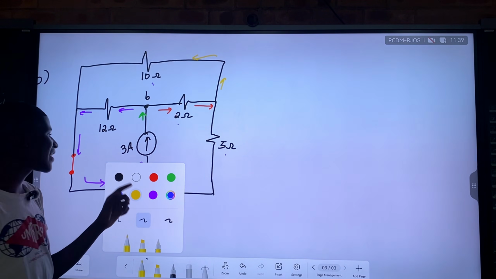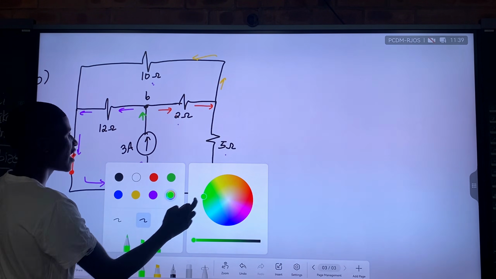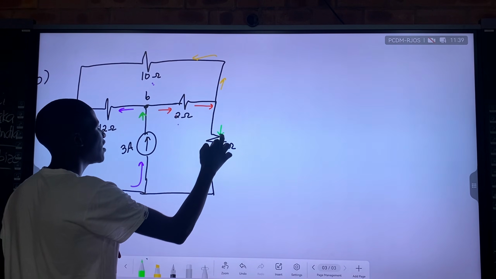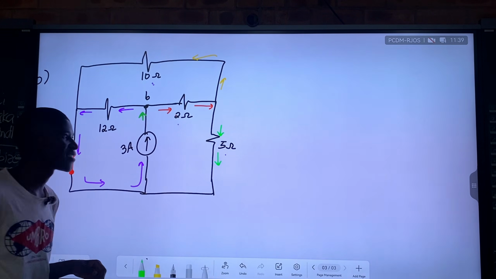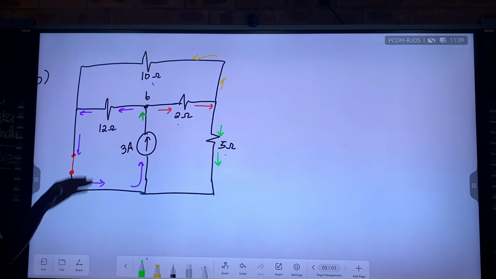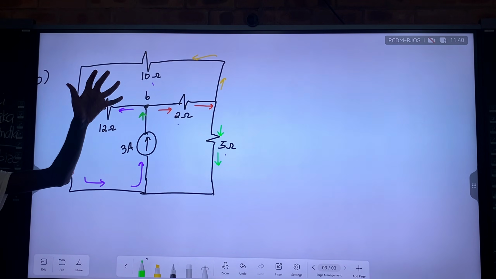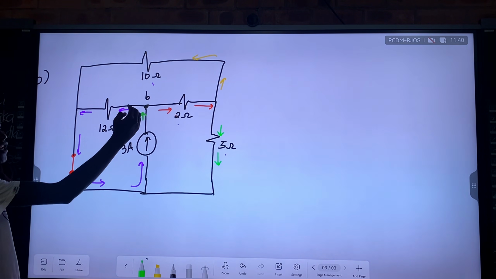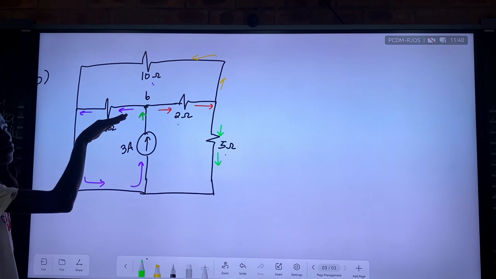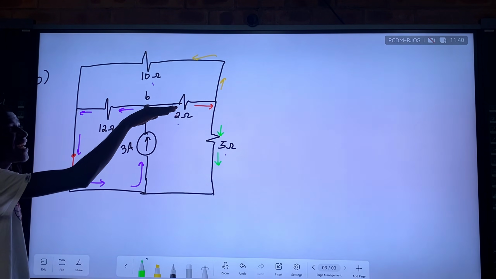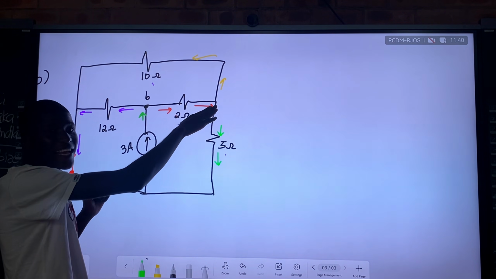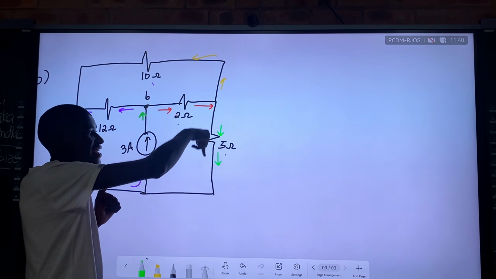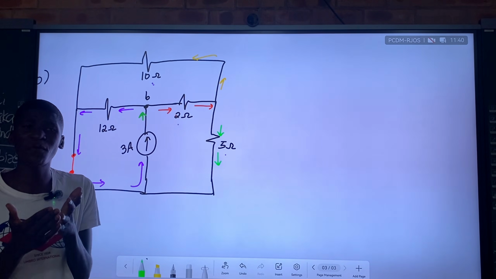And then some of our current will go to the 5 ohms resistor. So it's split 2 times. The first split is this one, where it splits to the 12. The other goes to the 2, and then that one splits again for the second time. So we have 2 parallel combinations here.